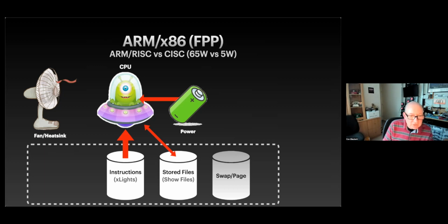To give you a typical example, in an x86 environment you'd need 65 watts to drive that little alien CPU. In an ARM architecture, and again these are just typical values, that could be as low as 5 watts. So you're using a hell of a lot less power, and you generate a lot less heat.